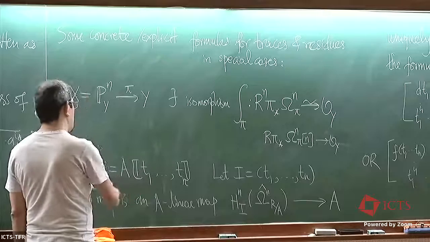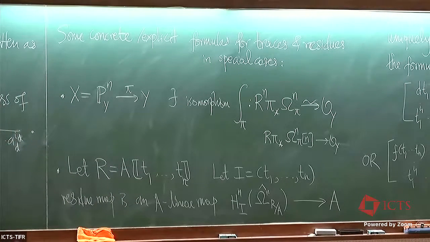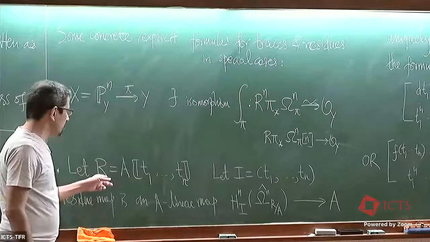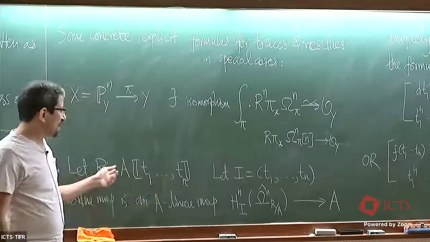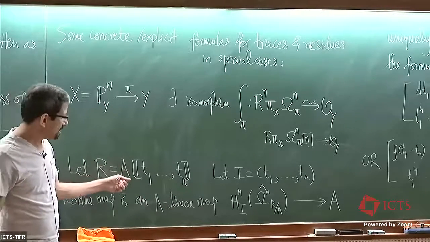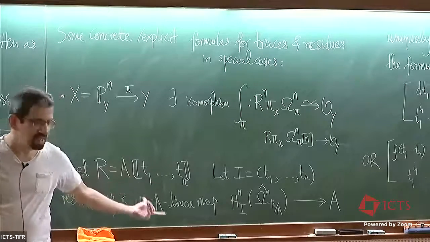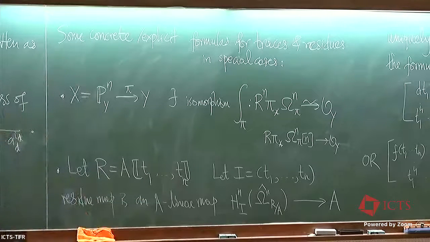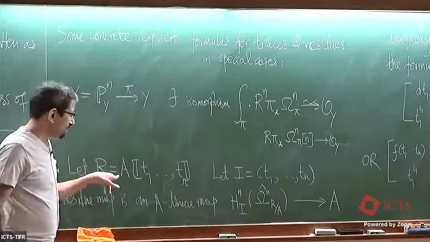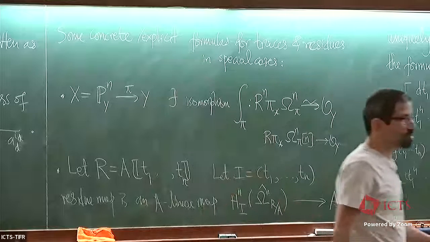If you look at, instead of the spectrum of A, you should look at the formal spectrum of A. The formal spectrum of A is all those primes which contain the defining ideal T1 to Tn. And so in that sense, as a topological space, it'll just look like spec A. But as a sheaf of rings, it will be obtained by looking at the completion of the localizations of R at various open sets.